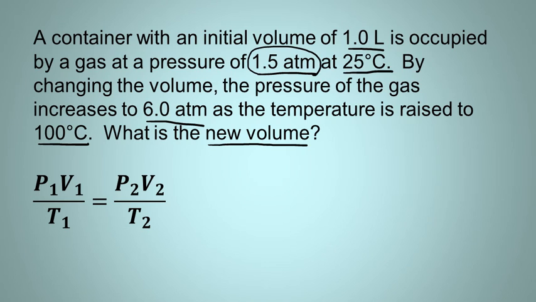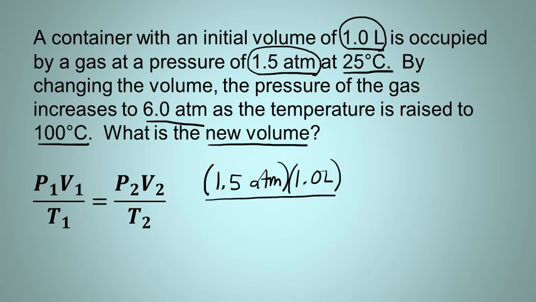That's the starting pressure. And then V1, next to it, is the starting volume. That's 1.0 liters. On the denominator, we have T1, and that's 25 degrees Celsius is our starting temperature. We change it to kelvins to make it 298.